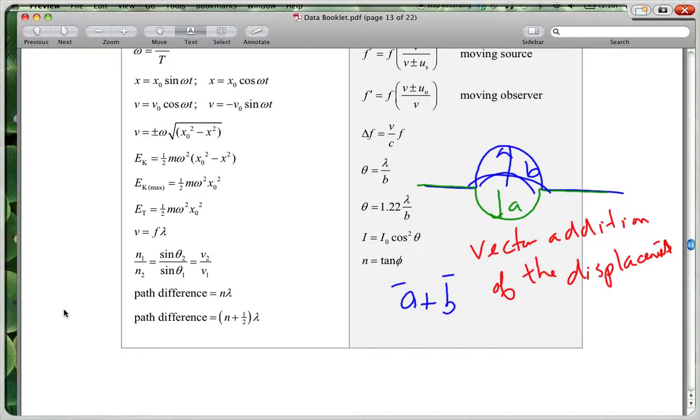So it's always a combination of the two that you get. All right, so that's the idea behind interference. Are you okay with that? Makes some sense, eh? Okay.